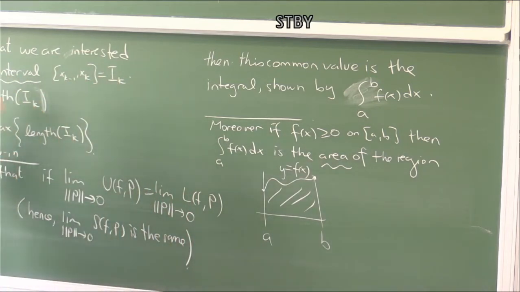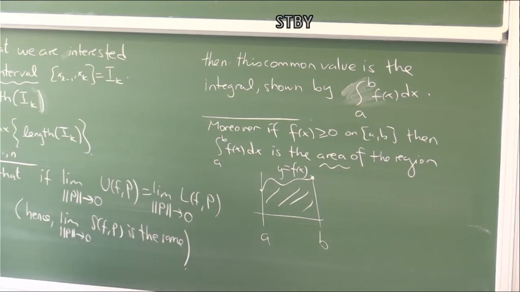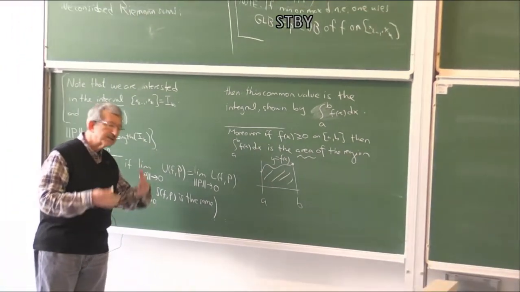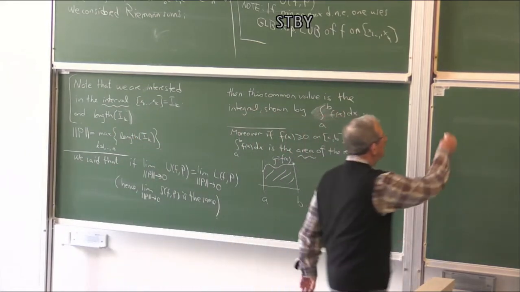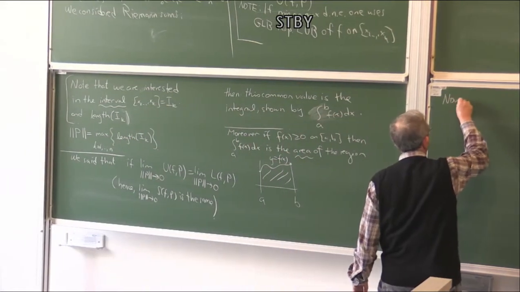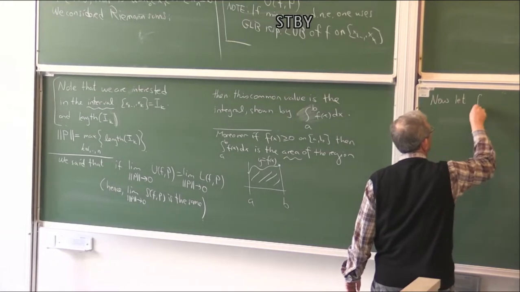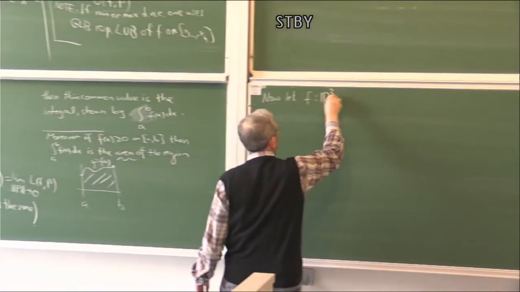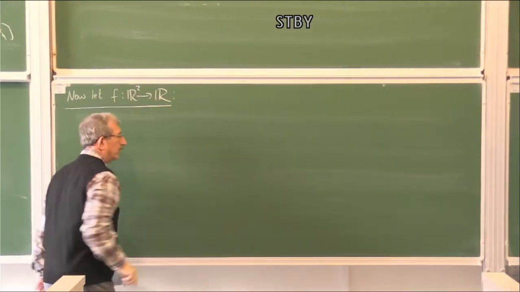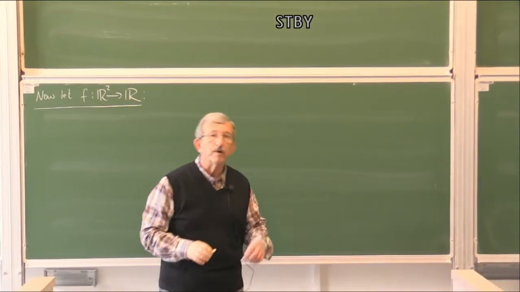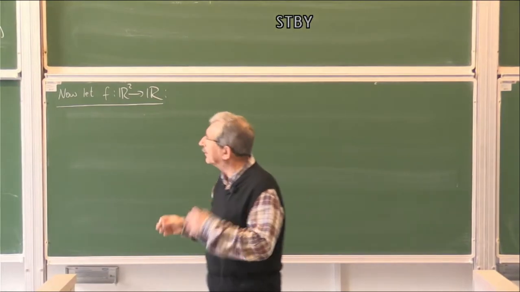Now, with all this structure, let us try to generalize this to the case of two variables. Namely, now we have a function of two variables. Now what will happen?